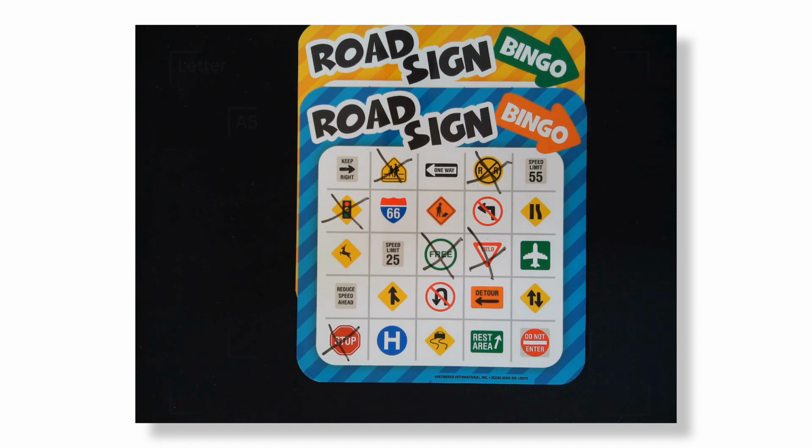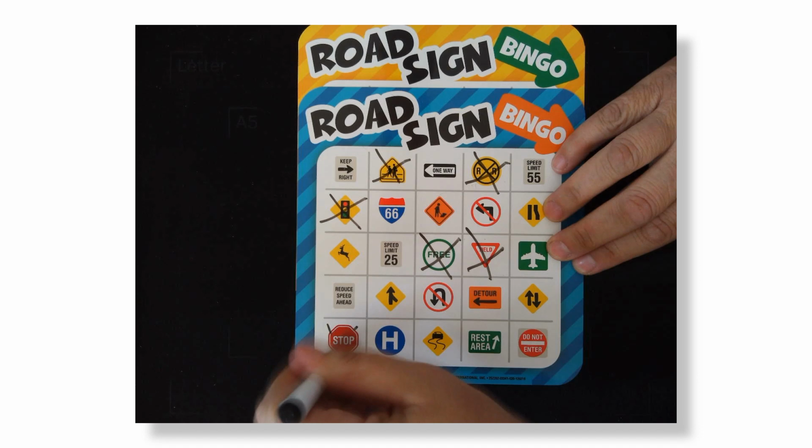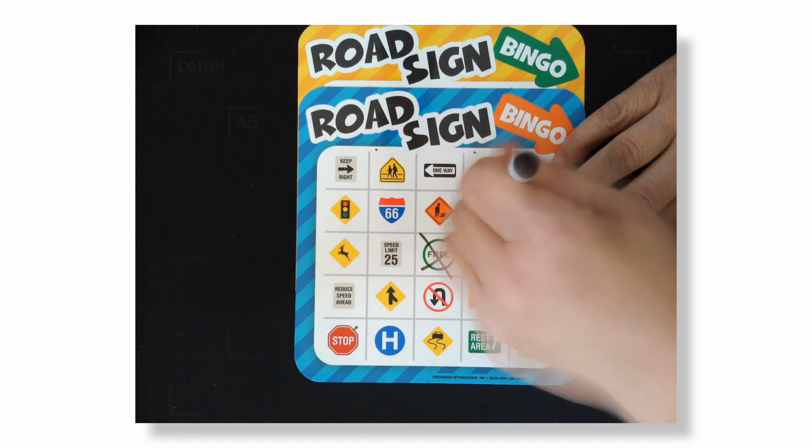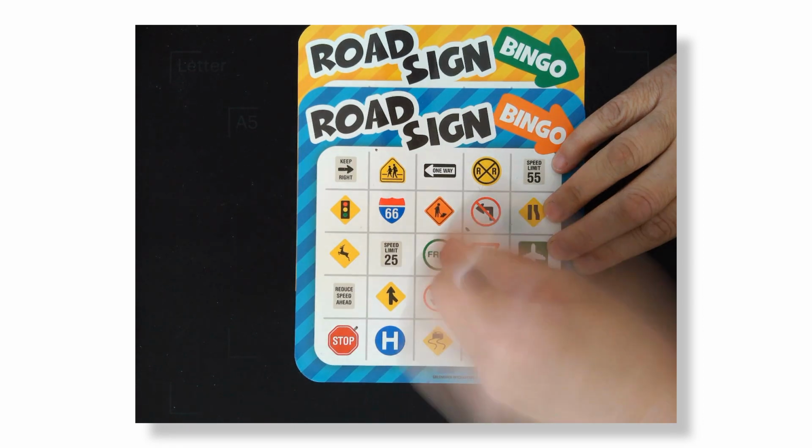Now, necessarily, will they get bingo within your community? Not really. However, you can say, how many signs did we get? So then not only are you incorporating literacy, but you're also incorporating math. And since this is erasable, it can be reused over and over again.